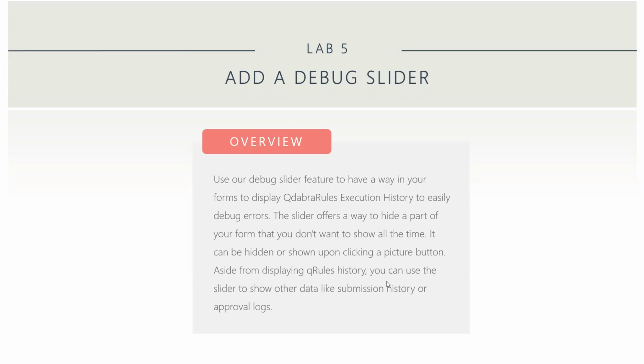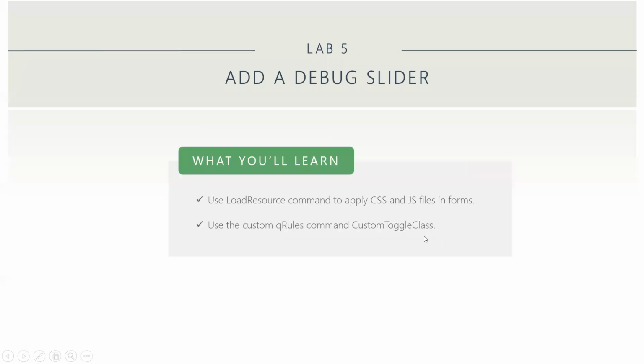This slider is not limited to only having the cursors history tables. It can serve other purposes. You can use it to show approval history, like what Misty has for their forms, form logs, and many more. Let me go ahead and show that to you quickly.